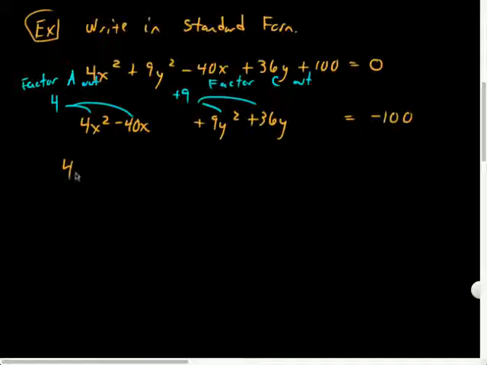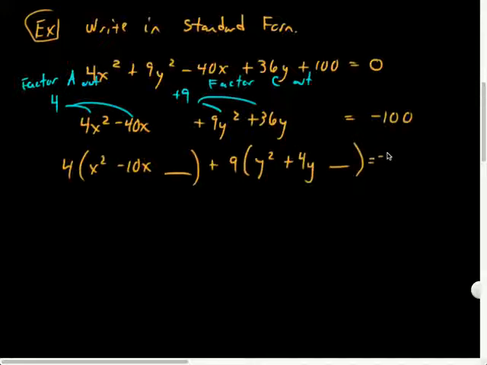So I'll get 4 times (x squared minus 10x, blank) plus 9 times (y squared plus 4y, blank) equals negative 100. Man, it's hard to fit this all in one line. Yeah, there we go. And then double blank over there.